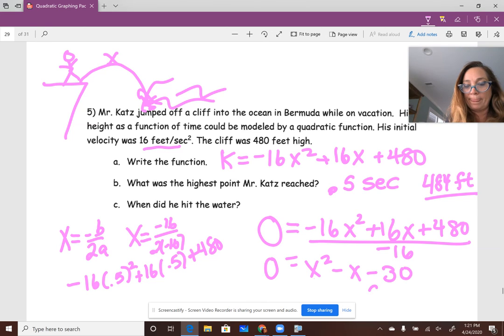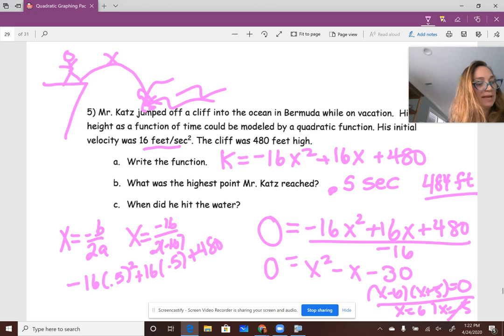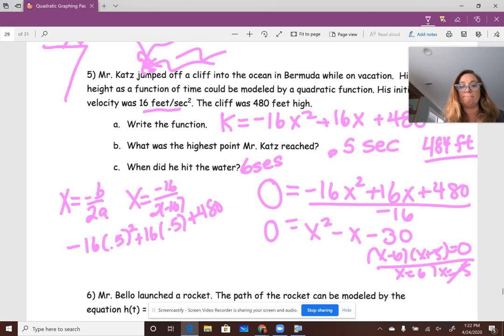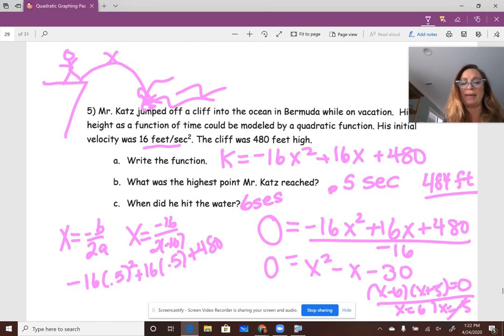Coolio. x minus 6, x plus 5 equals 0. So x equals 6 and x equals negative 5. Reject the negative because time cannot be negative. So he hits the water at 6 seconds. I hope you can read my really bad handwriting today.